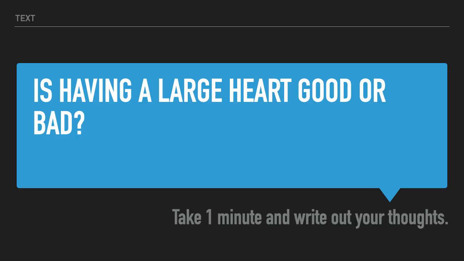That constant stimulus will actually thicken the left ventricle walls, but the volume of the inside of the ventricle will actually shrink over time, and so it doesn't accept as much blood. So if you're sedentary, having a large heart is not a good thing, but if you're very active, having a large heart is a good thing. It's just that the change in size is different in those two scenarios.